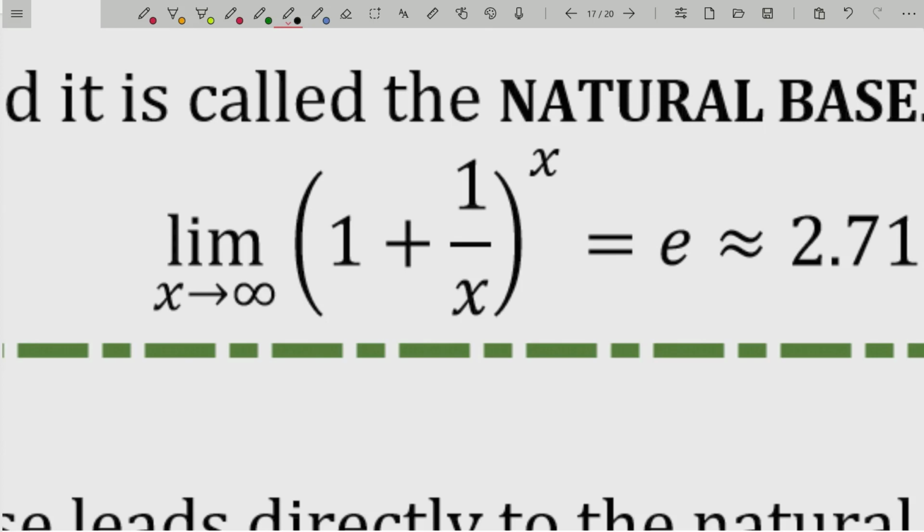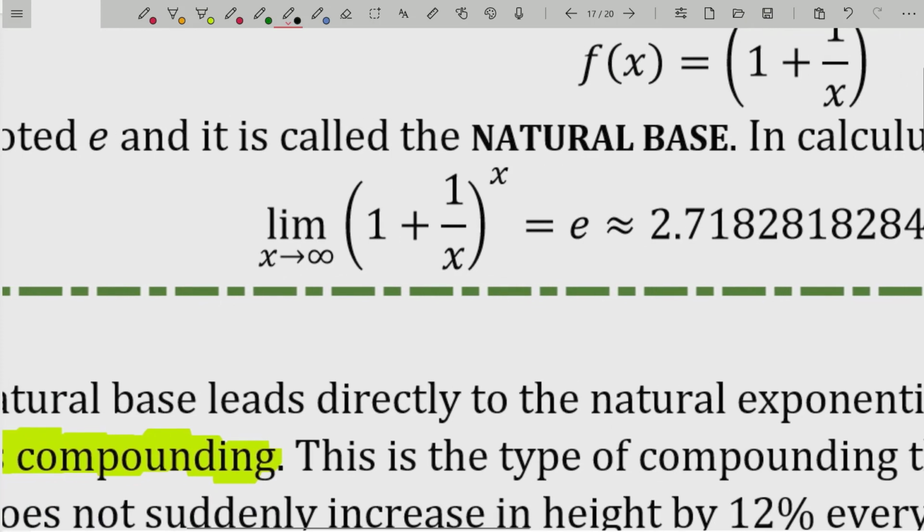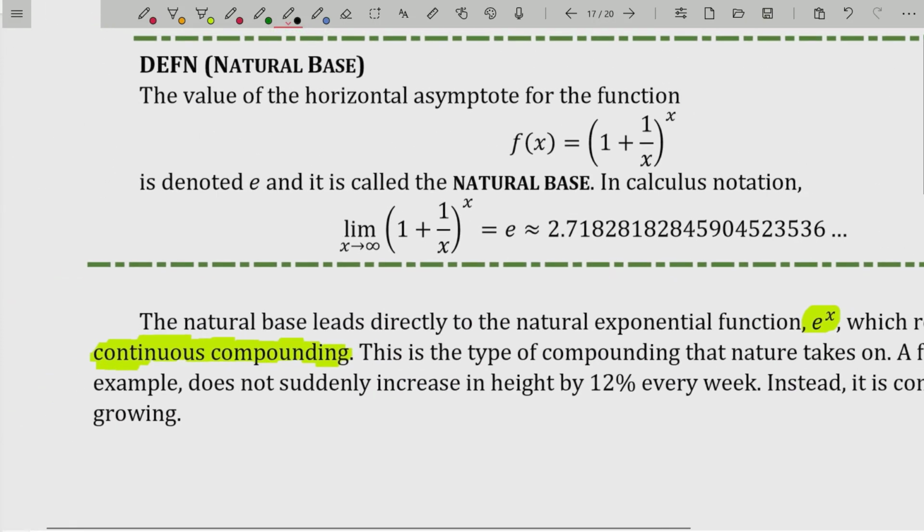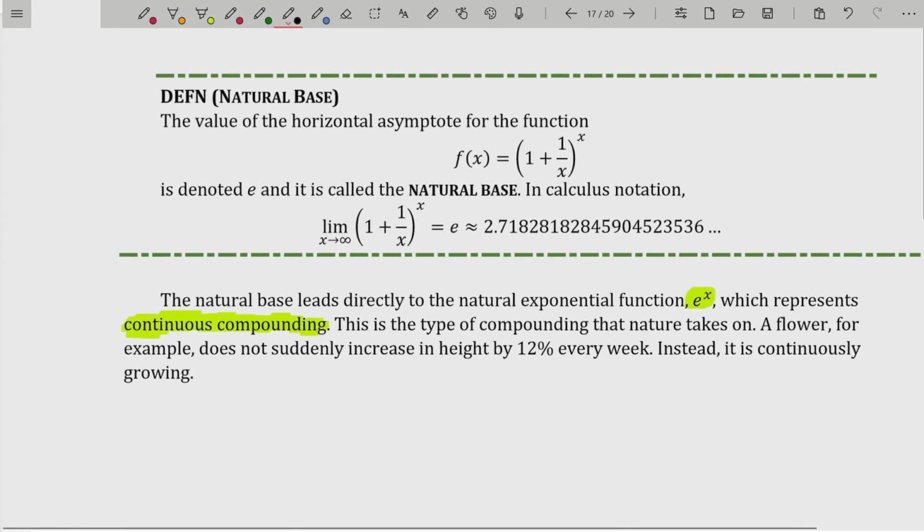So you take whatever your rate is, you divide it by the number of slices, which are an infinite number, don't get me wrong, and you collect interest on those infinitesimally small slices. And that is called continuous compounding. This is the type of compounding that nature takes on. For example, a flower does not suddenly increase in height by 12% every week. Instead, it's continuously growing.